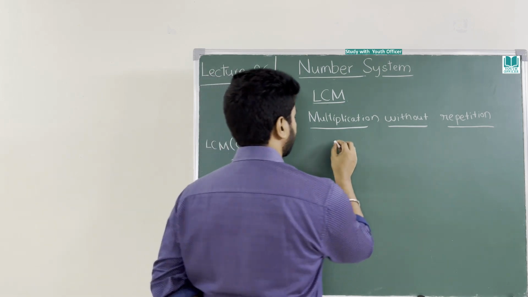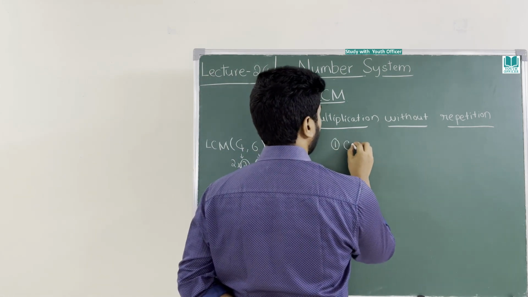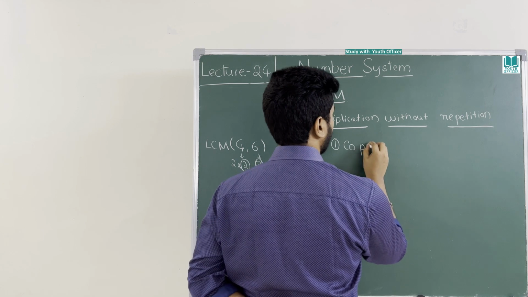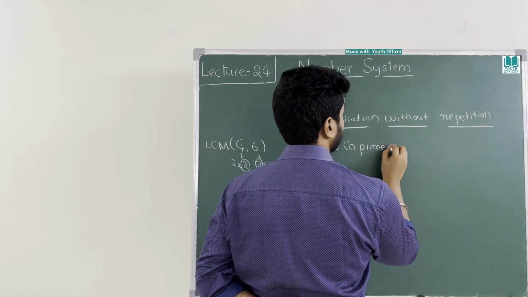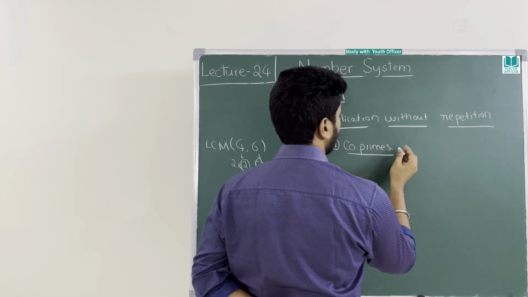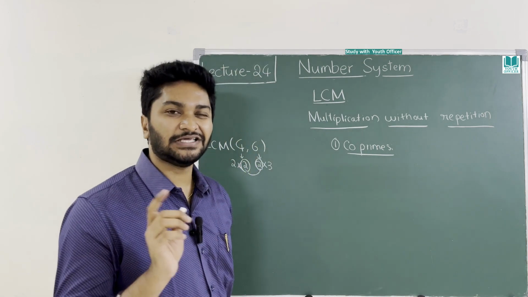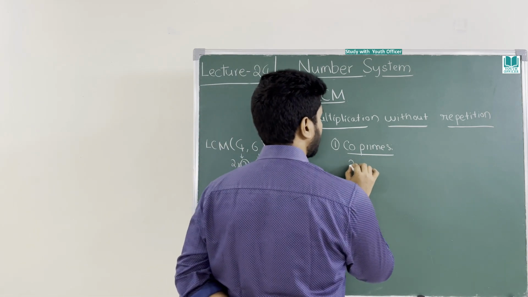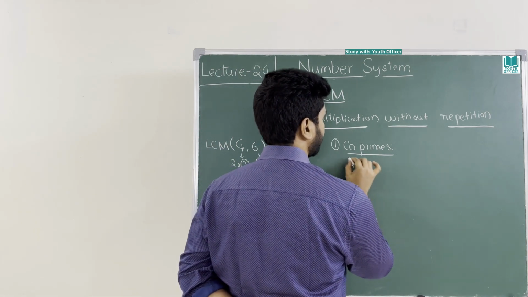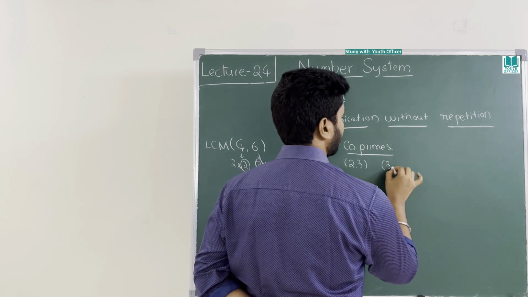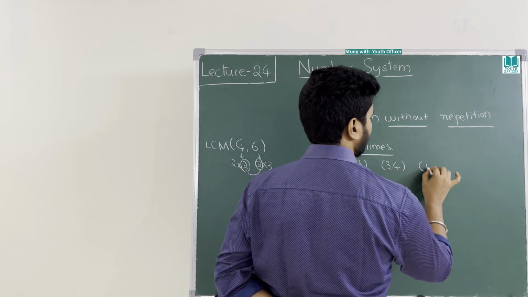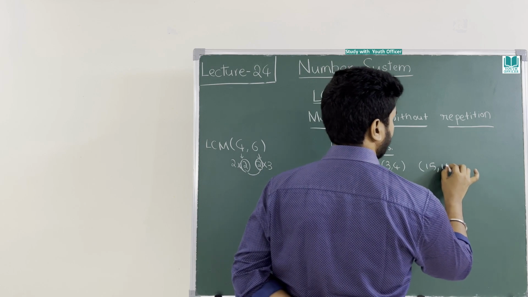I'll show you how. If you take co-primes, what are co-primes? Any two consecutive numbers. Example 2, 3, 3, 4, 15, 16.